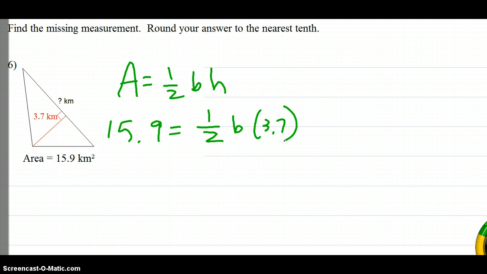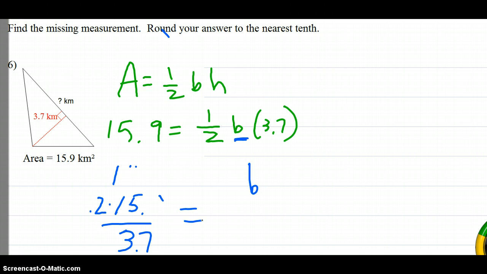So I would suggest to put this in this form, and then remember when I'm solving for b, that just means to do the opposite. So this should probably be a calculator problem. We'd take our 15.9, multiply by 2, and divide by 3.7, and that should give you your base.